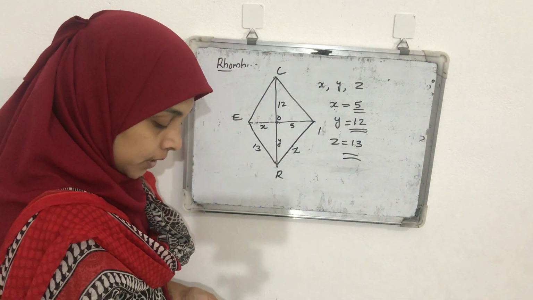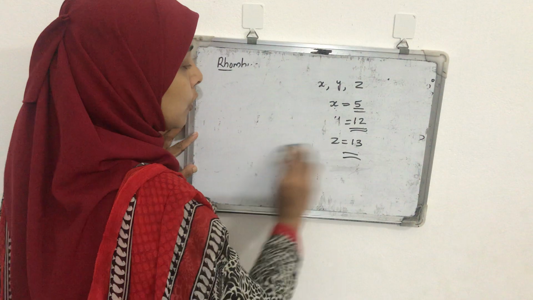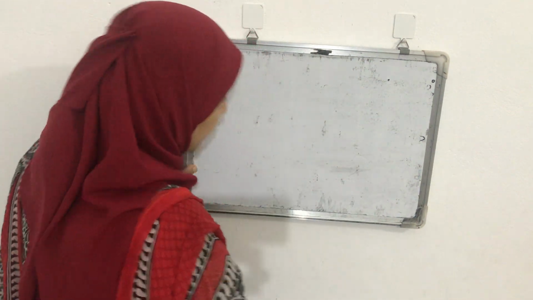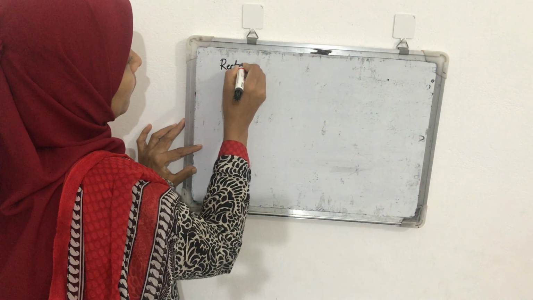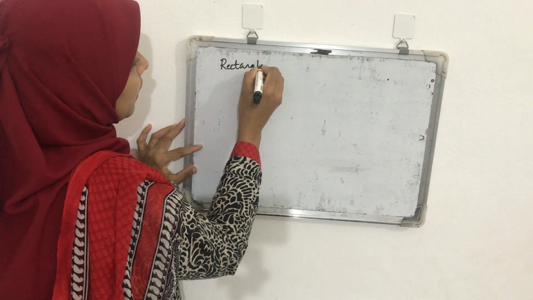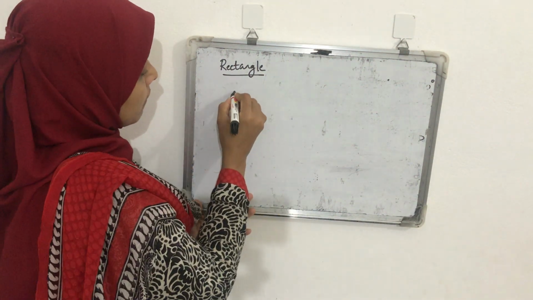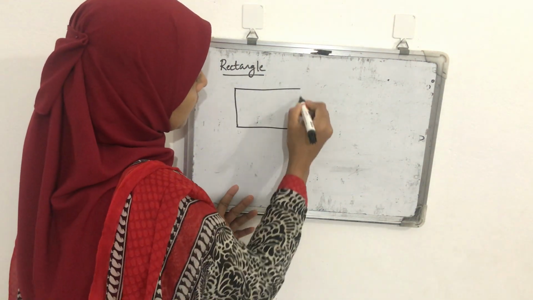Next, the parallelogram we want to discuss, the second one, is the rectangle. A rectangle is also a special kind of parallelogram. What is the special property, other than those of a parallelogram, for this rectangle?